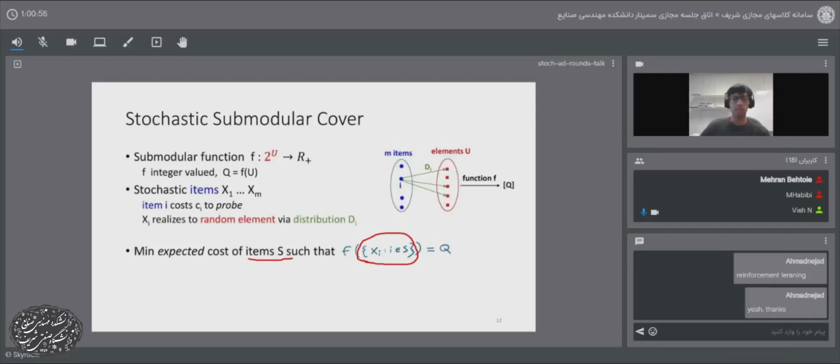And so we want to minimize our expected cost. So an important issue that shows up is whether these item distributions are independent or correlated across different items. And we'll see that our results hold in both settings, but they will have different bounds depending on whether the distribution is independent across items or it could be correlated.